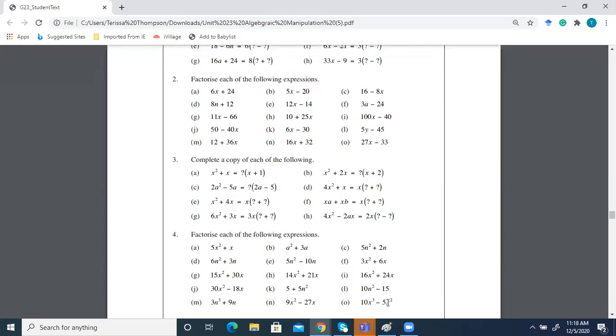And I would like to see what you guys do with number 3. In fact, I want you guys to do all of 3, so you have your brain really thinking. It's not hard, it's the same concept.